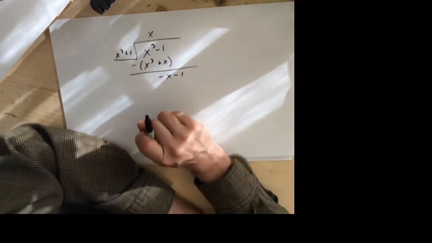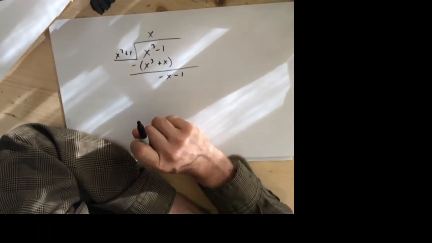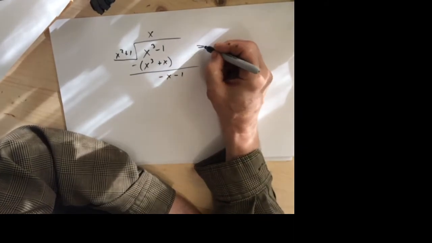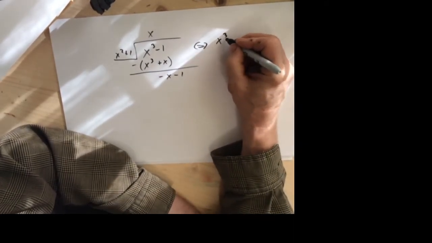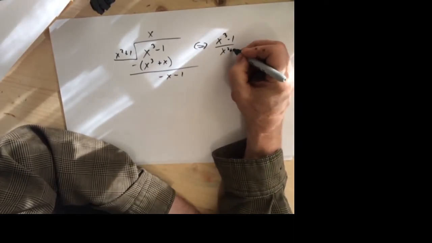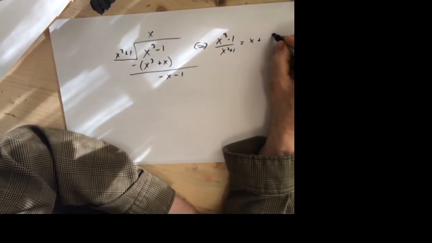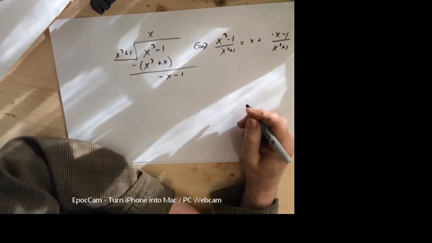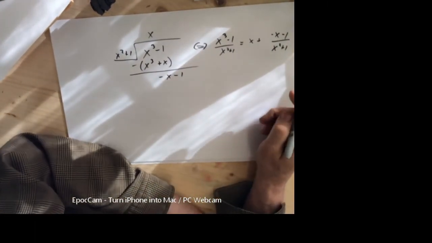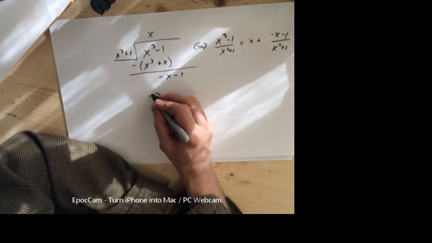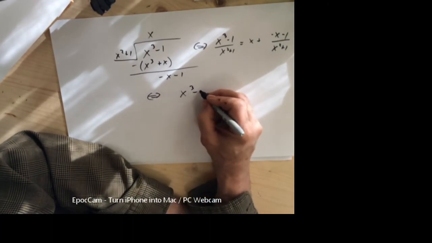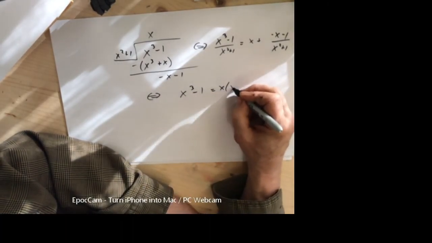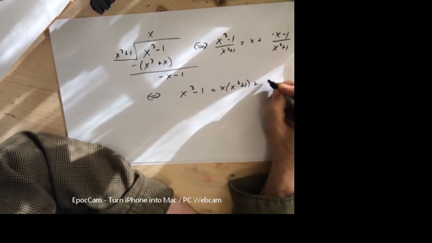And that's smaller than that. You remember doing this? Well, what does this say? It says that x cubed minus 1 over x squared plus 1 is the quotient plus the remainder over the divisor.